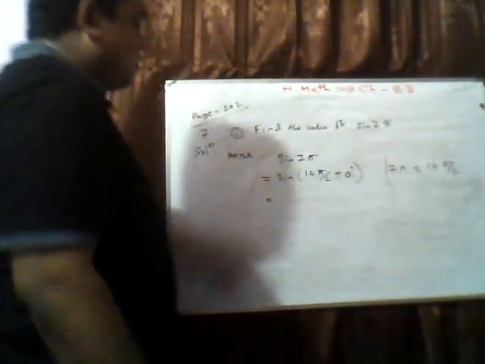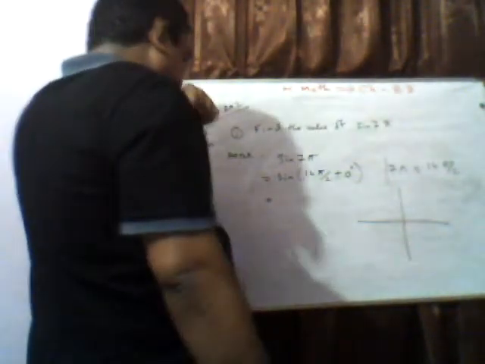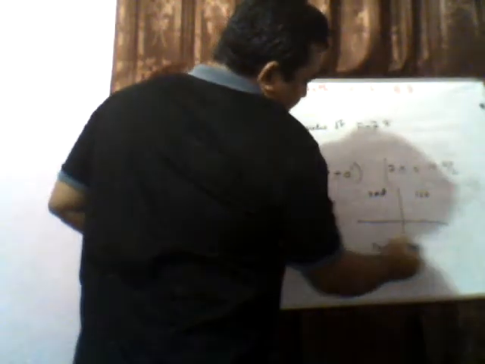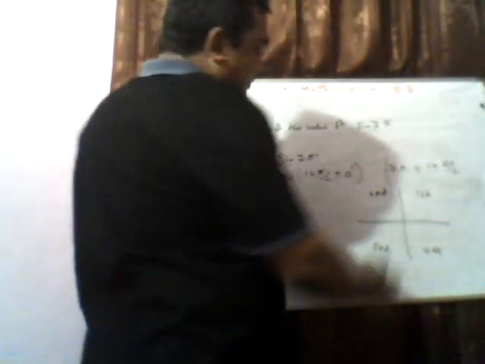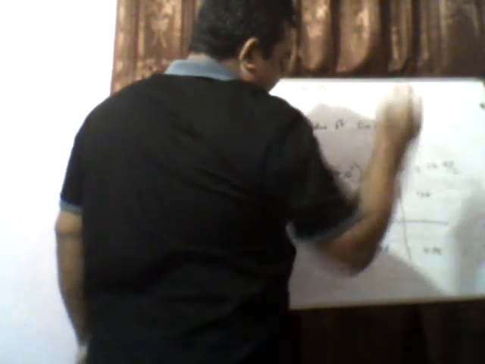We see that for 14π/2 + 0, we need the position of the quadrant. Which quadrant? This is the first quadrant, second quadrant, third quadrant, fourth quadrant. In the first quadrant, all functions are positive: sine, cos, tan, cot, sec, cosec.